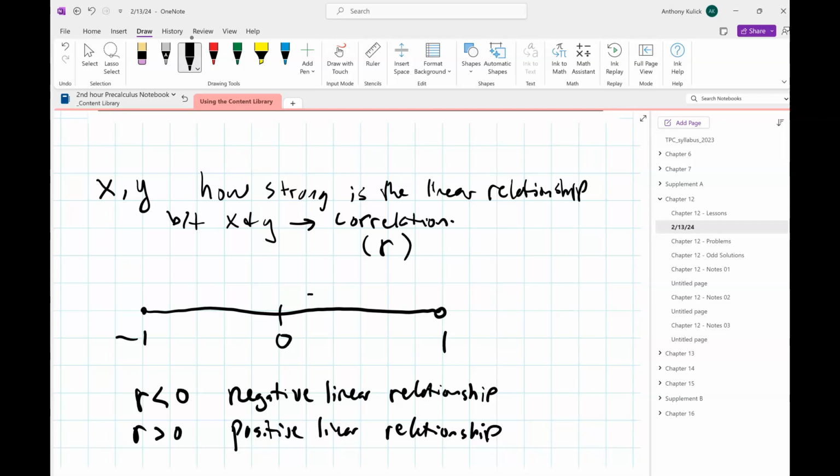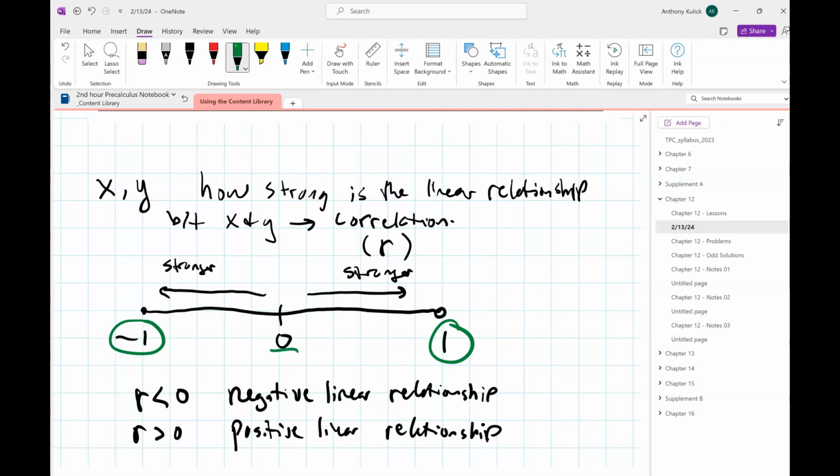And the further we get from 0, the stronger that linear relationship becomes. When we get to exactly negative 1 or positive 1, that means it is a perfect linear relationship. That means that the x, y's that we have actually form points on some line.